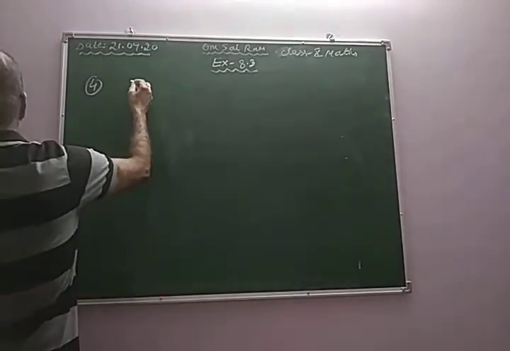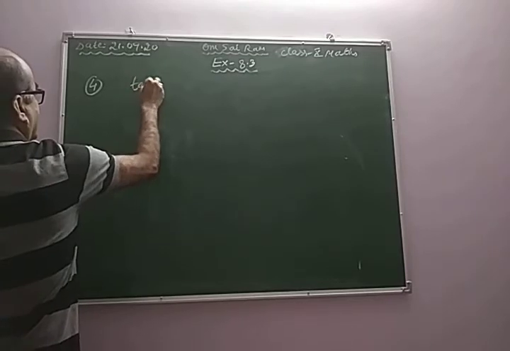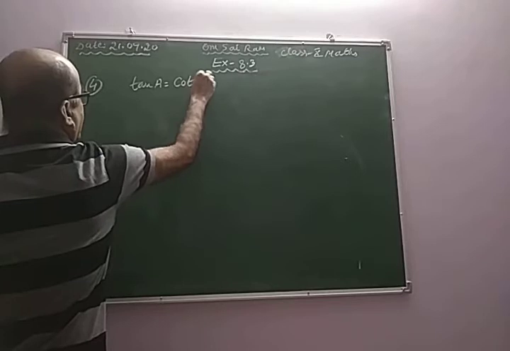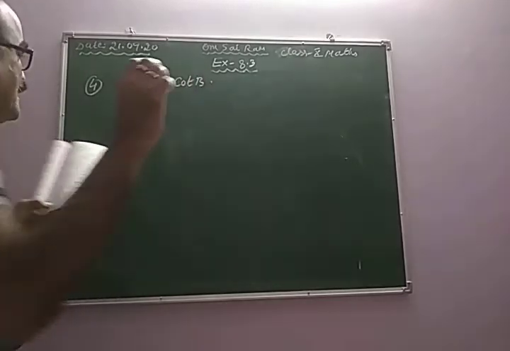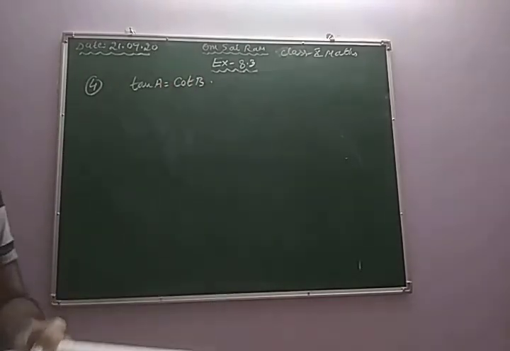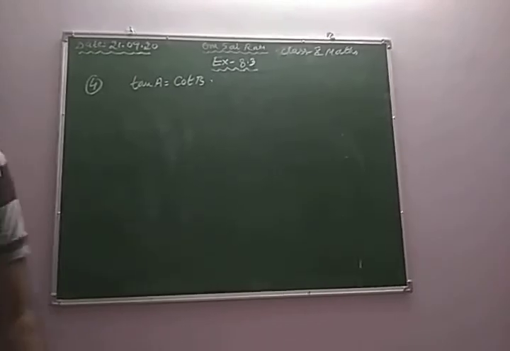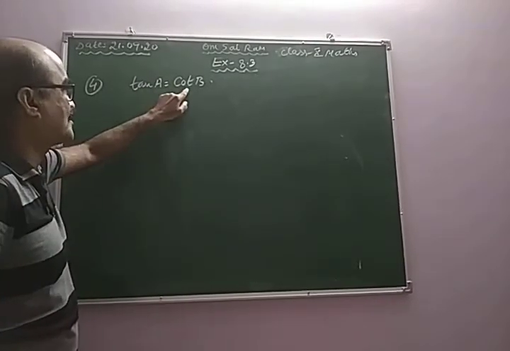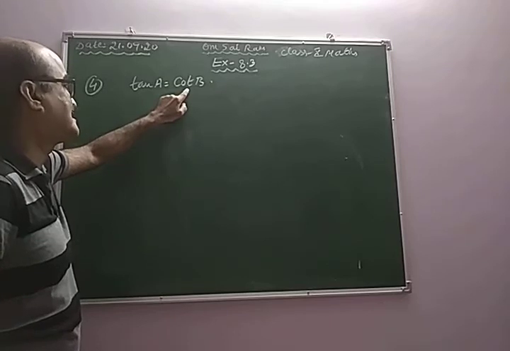It is given that if tan A is equal to cot B, then we have to prove that A plus B is equal to 90 degree. So either you can change this as cot theta, or this cot theta you can change into tan theta.